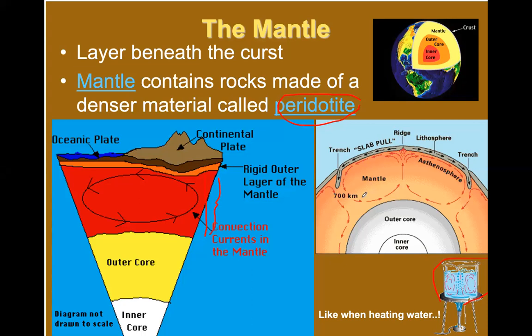Mantle convection, okay? The mantle convection is there in the mantle, which causes the material to flow within the Earth's mantle. So this is the reason for melting of these materials. For example, here in this region, there is intense melting.